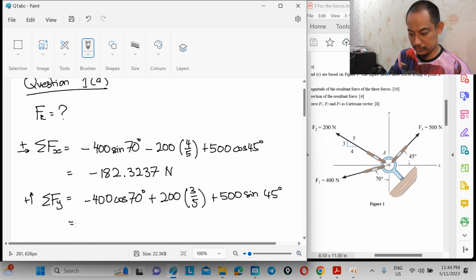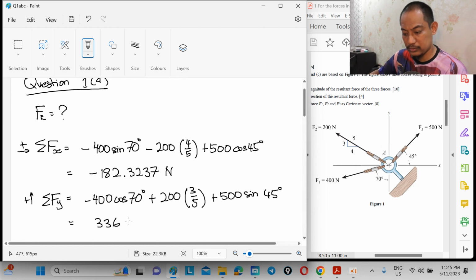So minus 400 times cos 70 plus 200 times 3/5 plus 500 times sine 45 gives 336.7453.